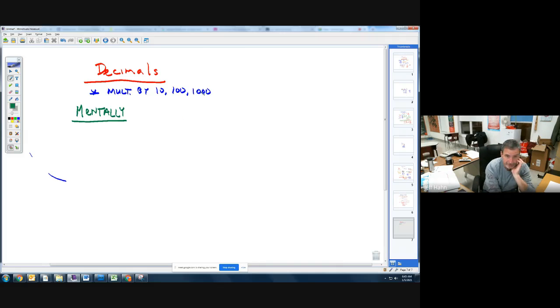And what we mean by multiplying by 10 or 100 or 1,000 is, let's say this is our example. Let's say I have 3.52 times 10. If I'm doing that out, I get 3.52. I'm going to multiply it by 10. I guess I can let that 0 hang out.